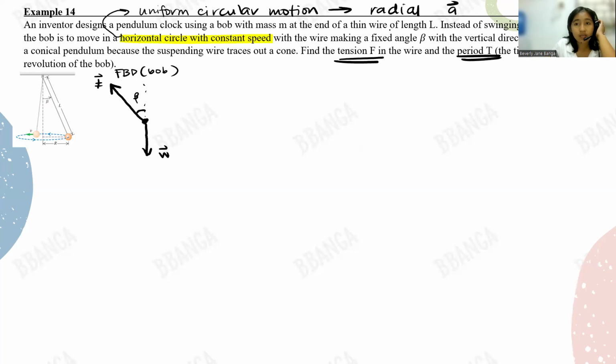So ibig sabihin ito ay ka-accelerate. Now, sabi natin about the radial acceleration, it is always pointing towards the center. So, always ituturo niya to, no? Always to the center of the circle. So, ganyan yung itsura ng ating FBD.